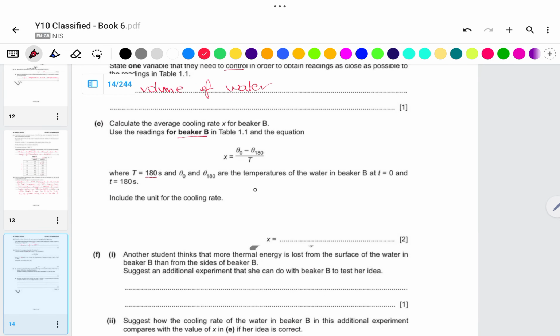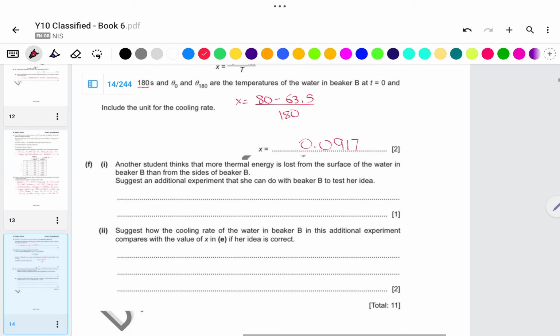So X equals 80 minus 63.5 over 180. Let me do it on my calculator. The answer I got was 0.0917, three significant figures.